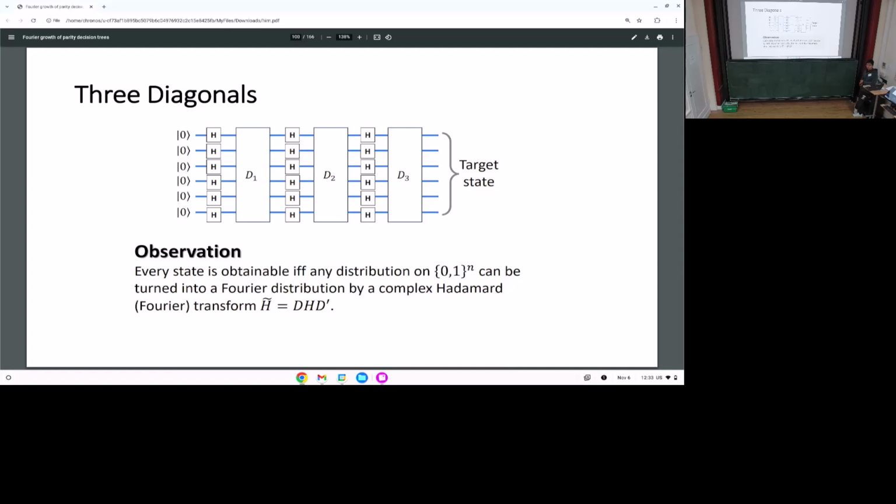Kevin, can you write an example of a complex Hadamard? Yes. The Hadamard is like 1, 1, 1, minus 1, times 1 over square root 2. And then we can apply different things.